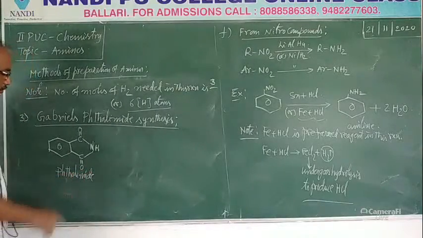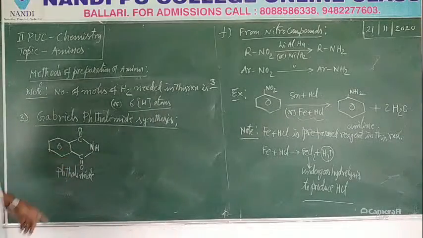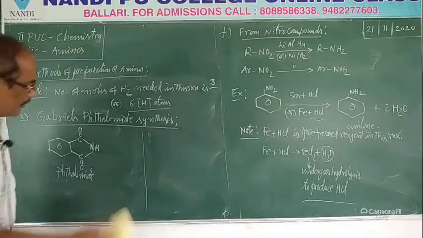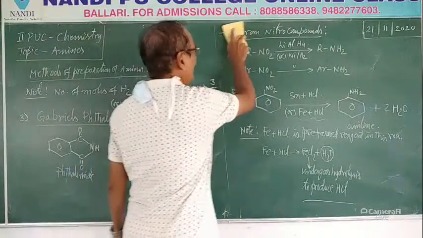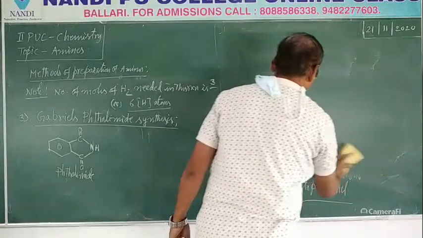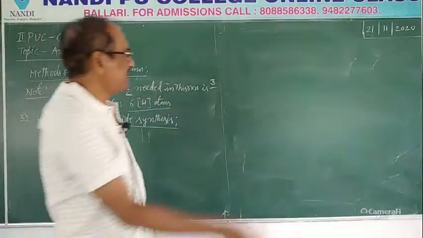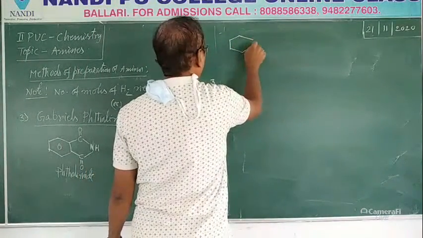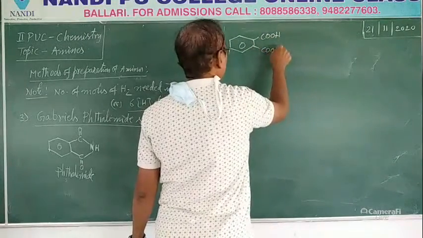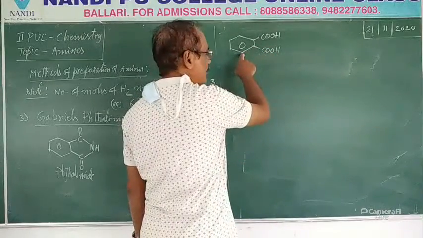This is produced from phthalic acid. What is phthalic acid? Two COOH carboxylic groups at the ortho position is called phthalic acid.